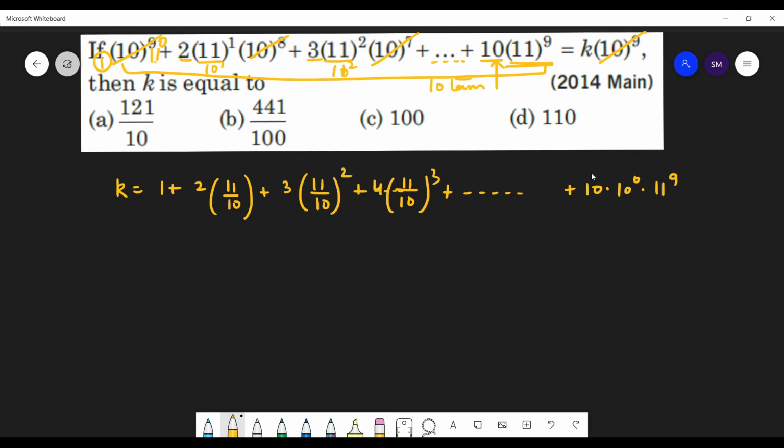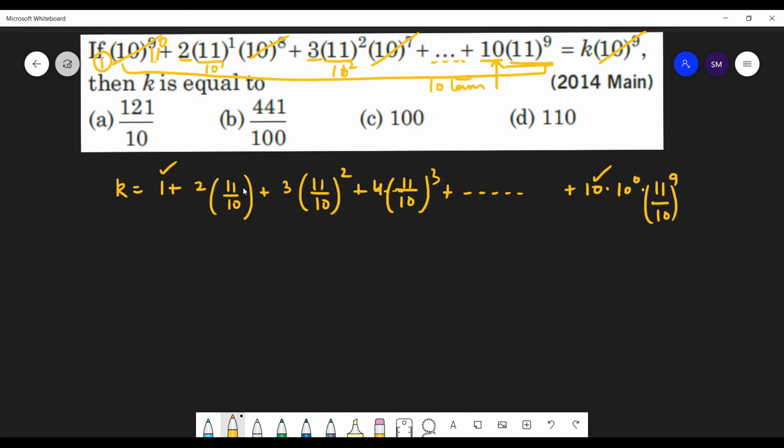But you are dividing it. Getting it, students? Here it will be 10 terms, na? So 1 to 10, first thing.